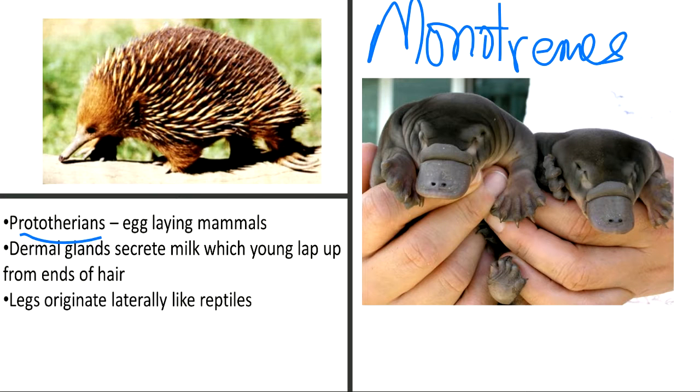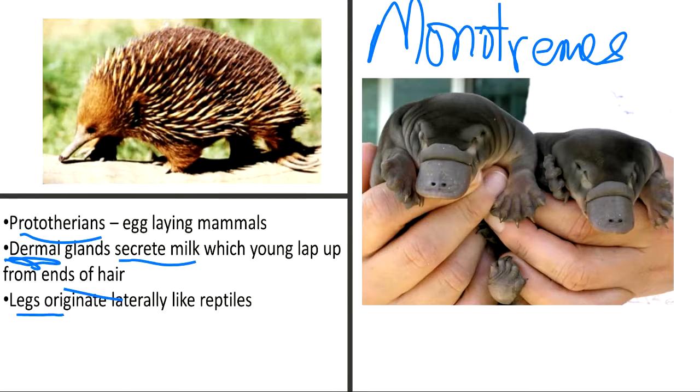They lay eggs, for example. They don't have their mammary glands all in one organ. They have them spread out on their skin. So you have dermal glands which secrete milk, and the young will drink it from the ends of the hair.